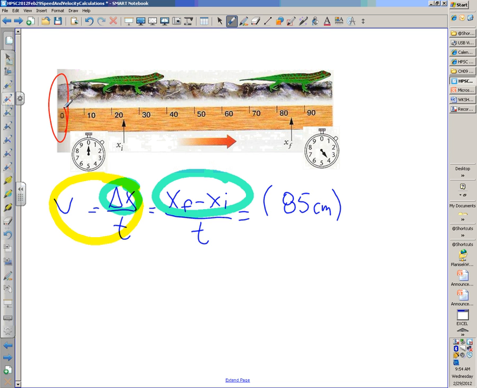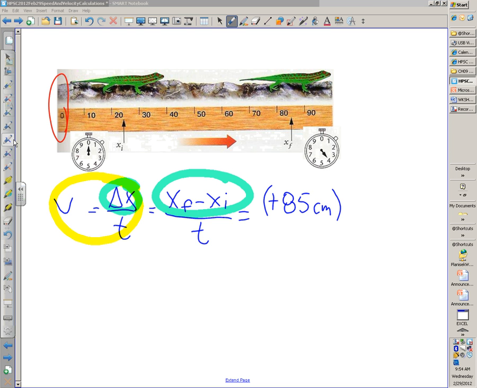So 85 centimeters could go east, could go right. What will make the calculations easier is if we say positive 85 centimeters, because we'll call that side of the number line positive and the other side negative. So there's our final position.